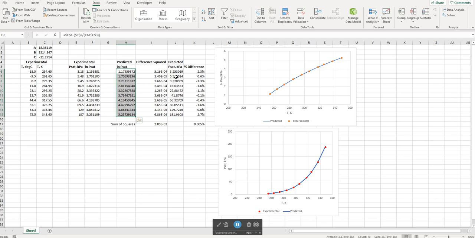There are differences, right? There are differences, and I've calculated the percent difference from the experimental, and you can see that overall this percent difference looks pretty good. I mean, this is probably well within the experimental error of the measurements that were done.